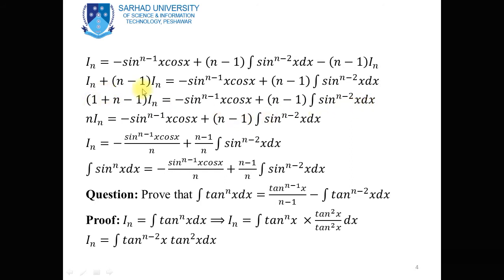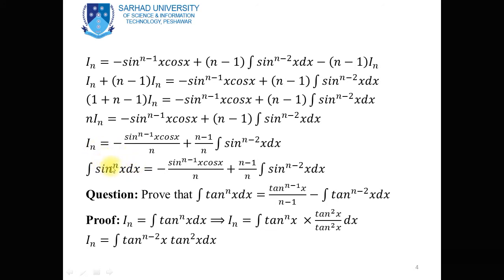Now minus 1 plus 1 is 0, so we have n into I_n is equal to minus sin x power n minus 1 into cos x plus n minus 1 into the integration of sin x power n minus 2 with respect to x. Now dividing both sides by n, we obtain I_n, and this I_n is actually the integration of sin x power n with respect to x.